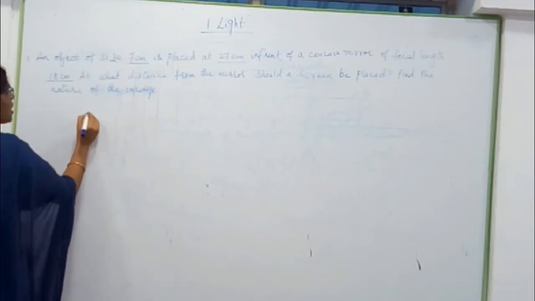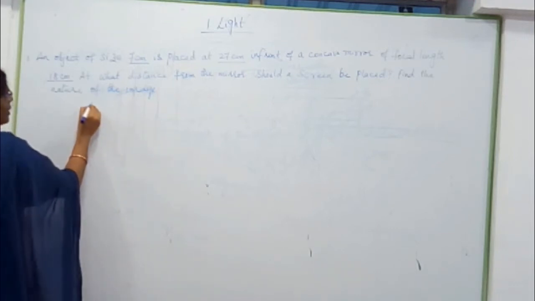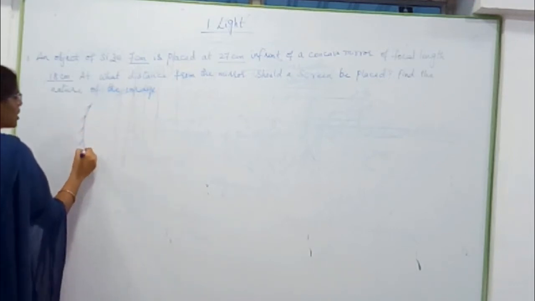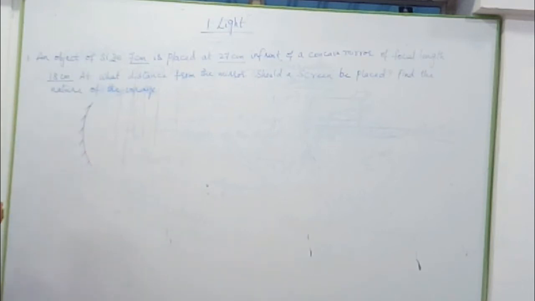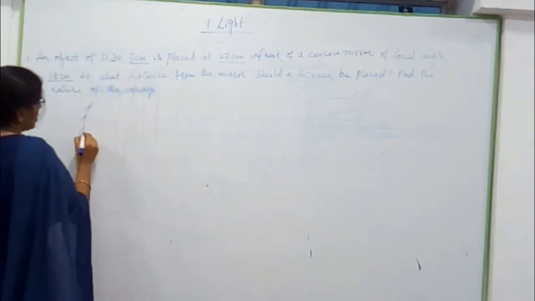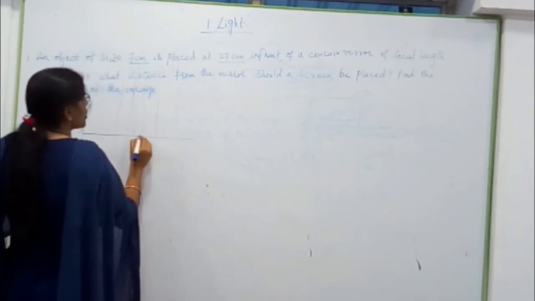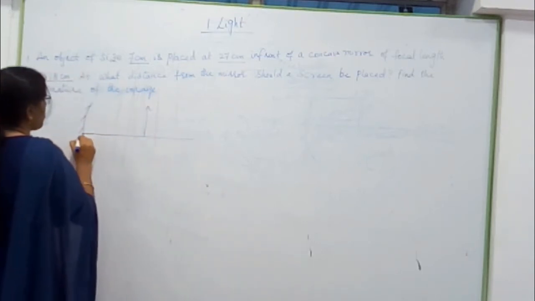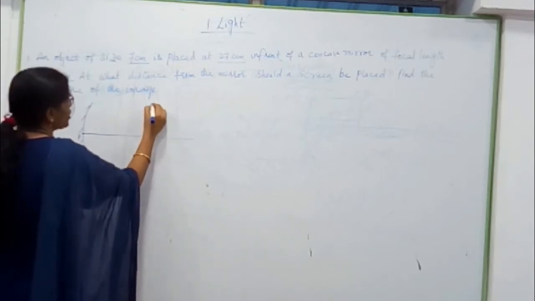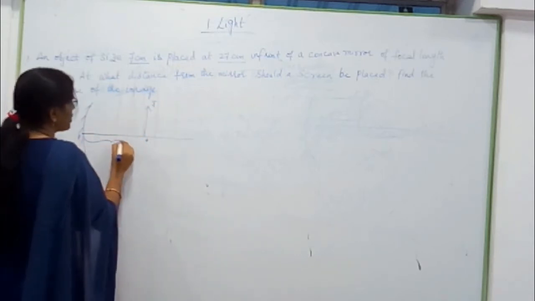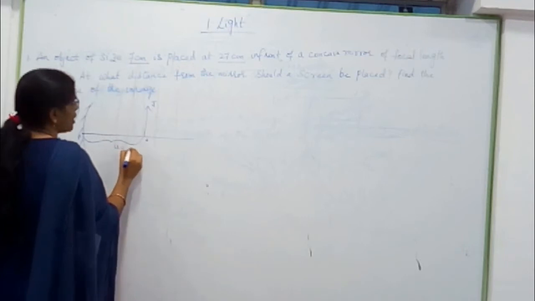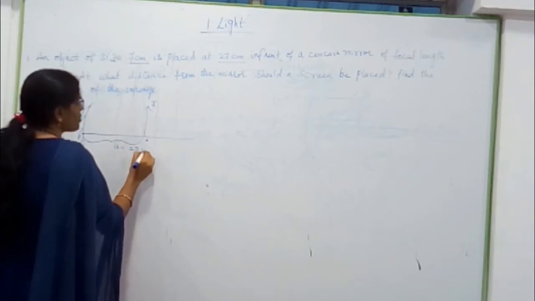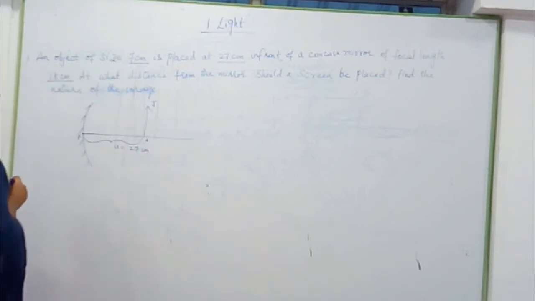That means first we draw the ray diagram, as it is a concave mirror. There is an object placed. The distance from pole to the object we call object distance. In the problem it is given as 27 centimeters.